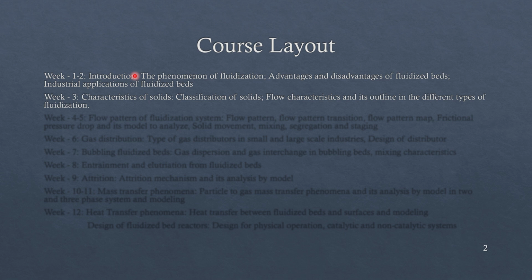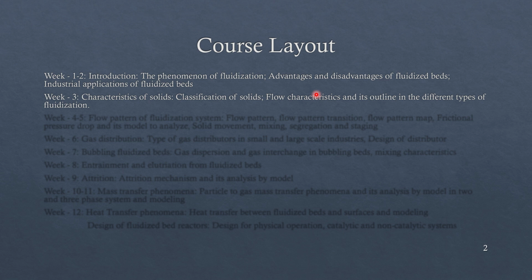Because of their large size, it is easier to form very big bubbles. Depending on their properties, the particles would be used in different applications on a requirement basis, and also flow characteristics are outlined in different types of fluidization.